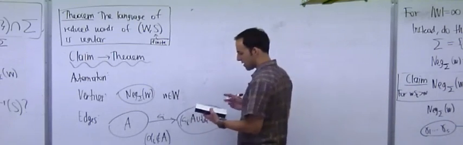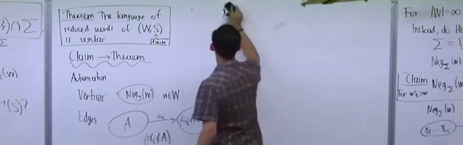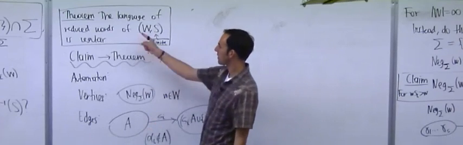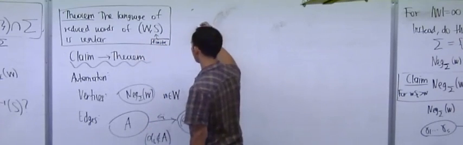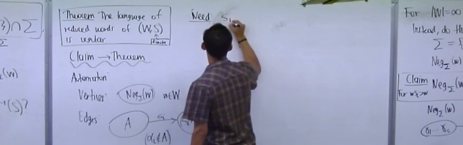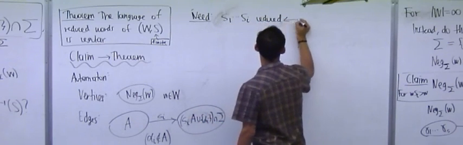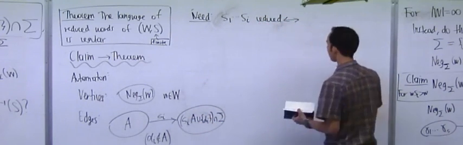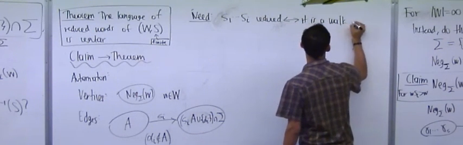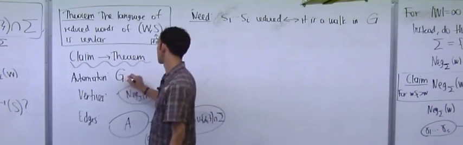So why is this automaton one that recognizes my language? Well, what do I need? I need that S_1 up to S_i is reduced if and only if it is a walk in the graph. Let's call this graph G. Okay?